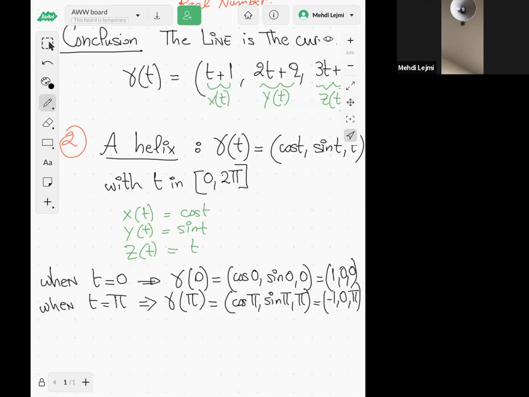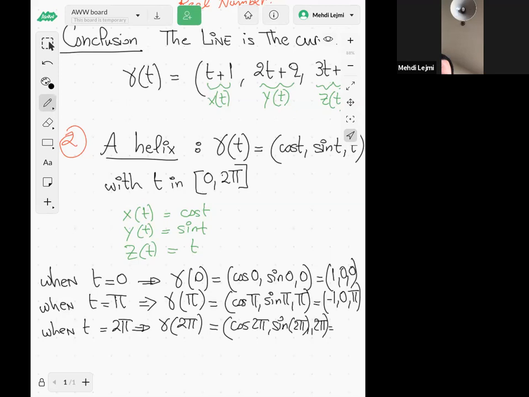So you get another point: -1, 0, pi, etc. Last point, when the time t is equal to 2 pi, then gamma of 2 pi is equal to cosine of 2 pi, sine of 2 pi, and then 2 pi.